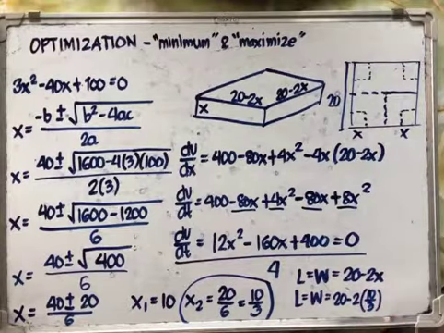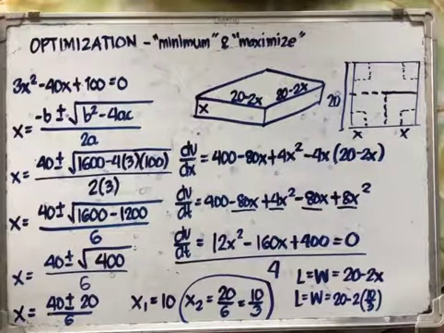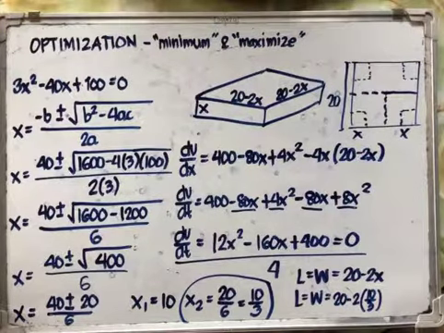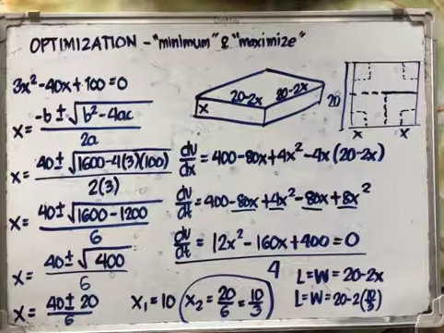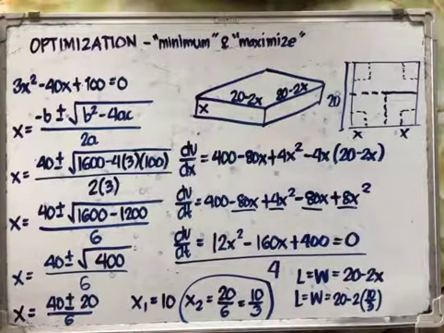That would give you how much? 20 minus 20/3. Okay? So, let's see. Okay, our final answer now is 40/3. Tama? 40/3.